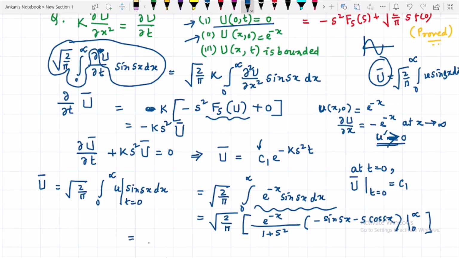Putting the limits you can easily obtain that the function goes to 0, because at infinity this term is 0, at 0 this term is 0, so only s by 1 plus s square will be left. This is nothing but c1.